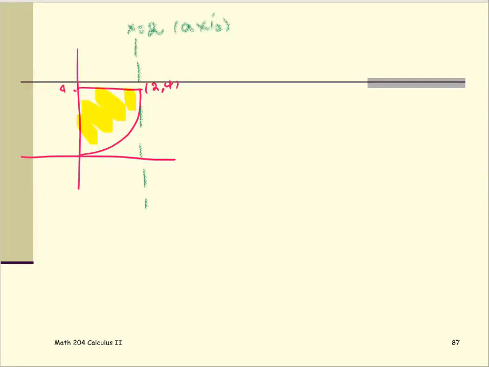And this time we're going to do the shell technique. In the shell technique, the partition or the bar is parallel to the axis of revolution.